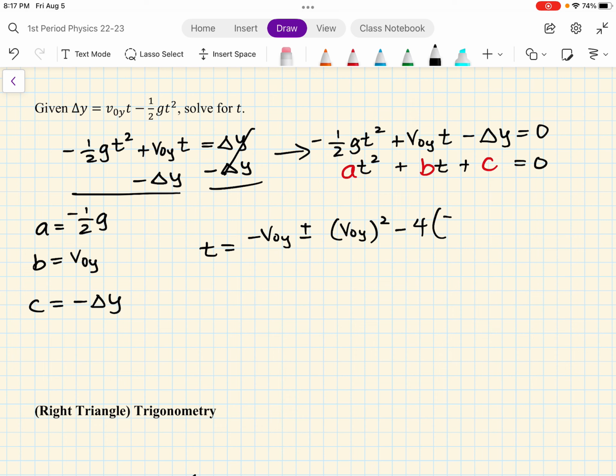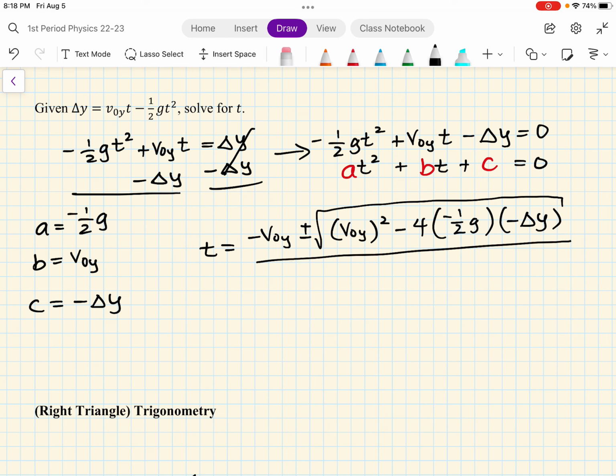A is negative 1/2 g. C is negative delta y. And I take the square root of that times 2a. So 2 negative 1/2 g.